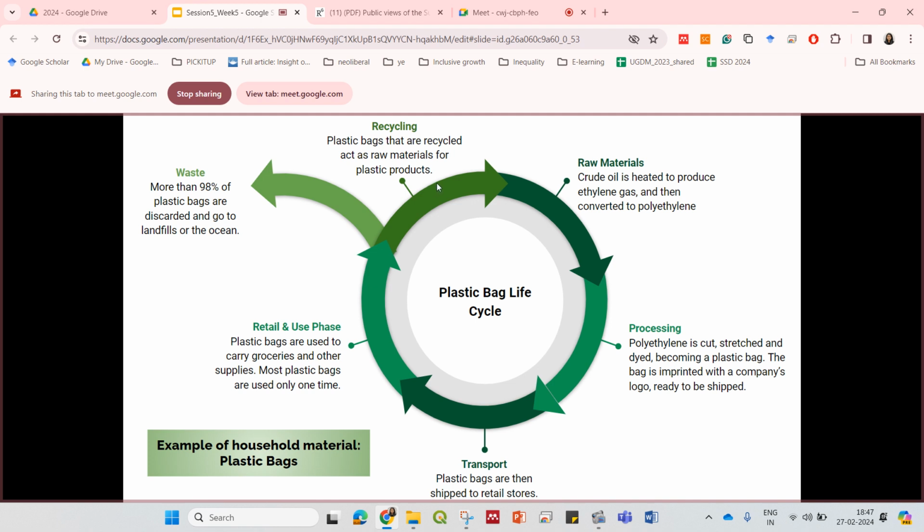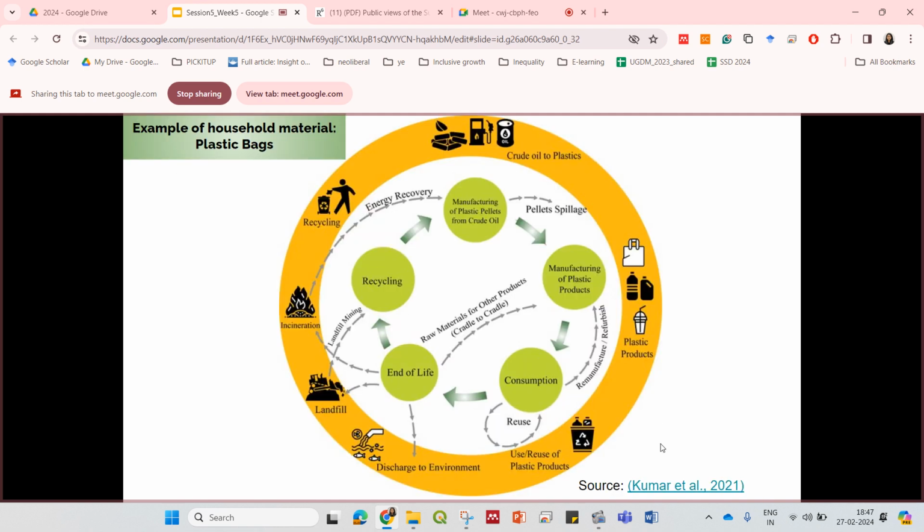So it is a very basic, very skeletal life cycle of a plastic bag. You can even make a more detailed life cycle, or you can carry out a more detailed life cycle assessment for plastic bags, as is done in this case. So you can see the skeletal structure again is the same.